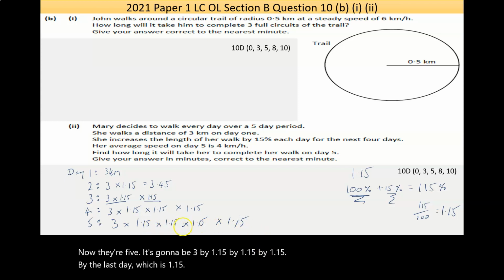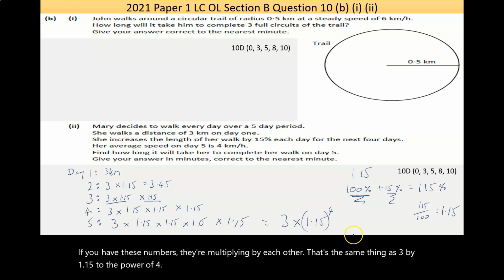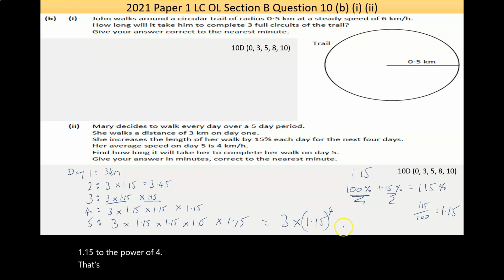If you have these numbers multiplying by each other, that's the same thing as 3 by 1.15 to the power of 4. That's it. Now they say find how long it takes her to complete her walk on day 4.